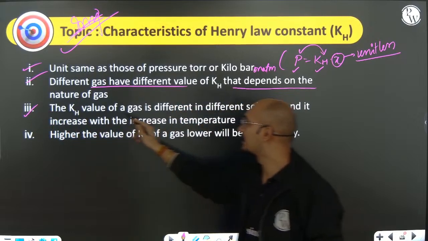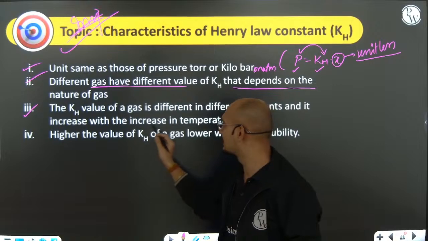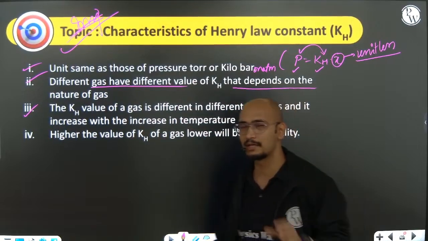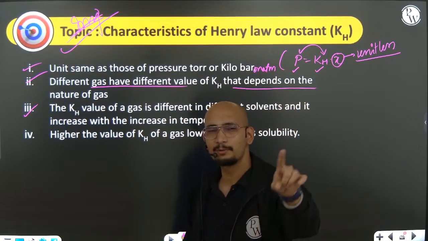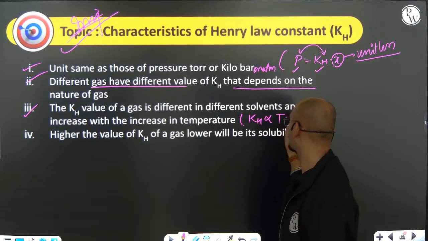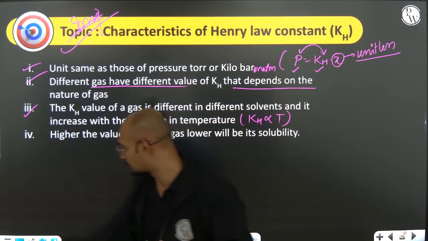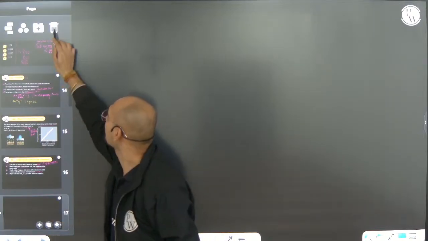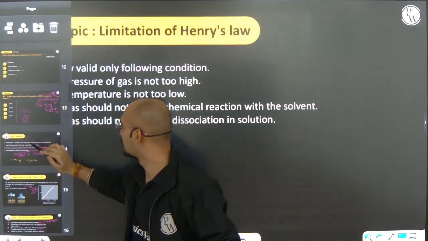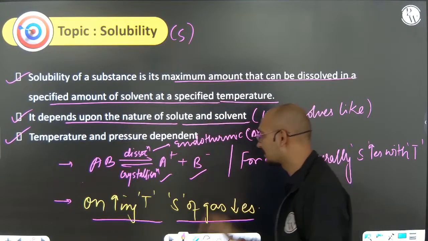Next, the Kh value of the gas is different in different solvents, and it increases with the increase in temperature. Always remember, Kh is directly proportional to T, that is Kelvin temperature. We have already studied that on increasing temperature, the solubility of the gas decreases.